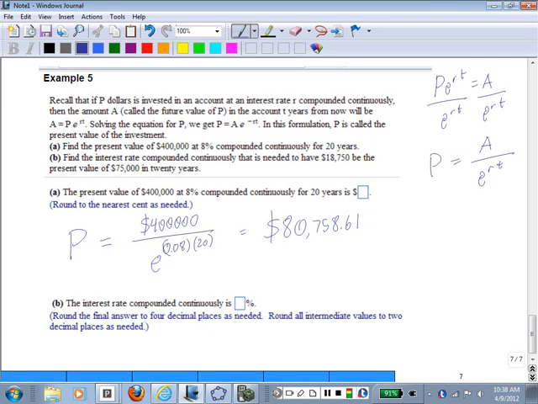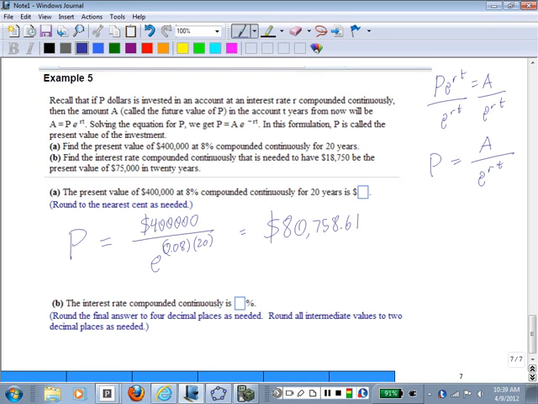The B part, I think, takes a little bit more work because we're having to solve an equation. Find the interest rate compounded continuously that's needed to have $18,750. So we have $18,750 now, and we want to have $75,000, at least the face value of $75,000, 20 years from now.